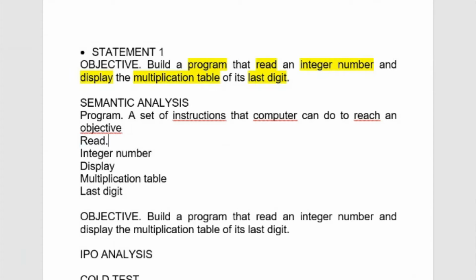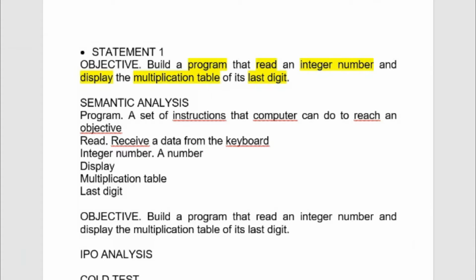Okay. What is read? In terms of computer programming, read is receive a number or letter data from the keyboard. This is read in the computer programming world. What is an integer number?